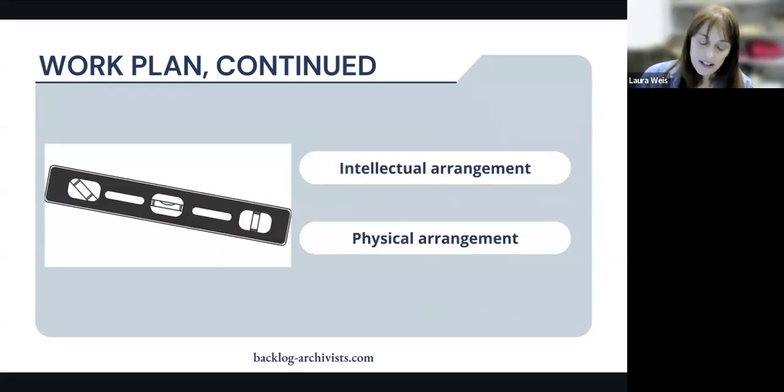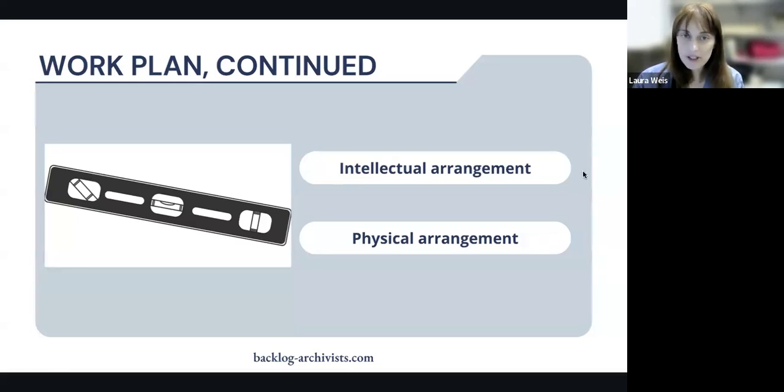Our next stage is arrangement, and thinking about it in two different components. Again, things will often be happening simultaneously, or you can at least be thinking about them simultaneously. An intellectual arrangement or order is going to, whenever possible, reflect the creator's structure or order of materials.